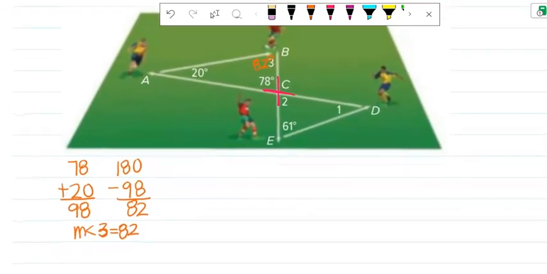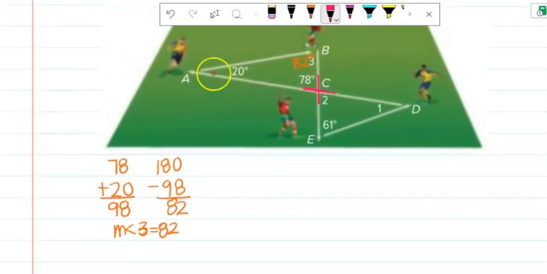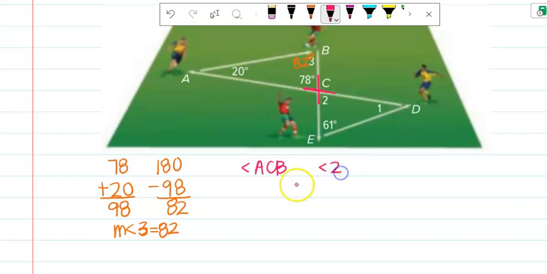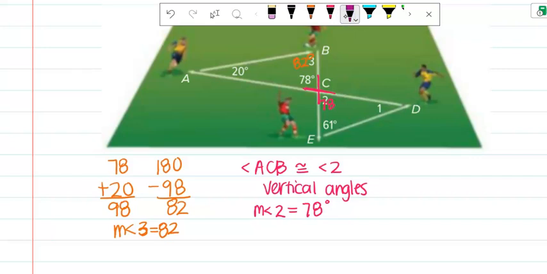So we know this angle ACB and angle 2 are vertical angles. I know we haven't talked about vertical angles in a while, but vertical angles are congruent to each other. So angle 2 is also 78 degrees, and we can label that.